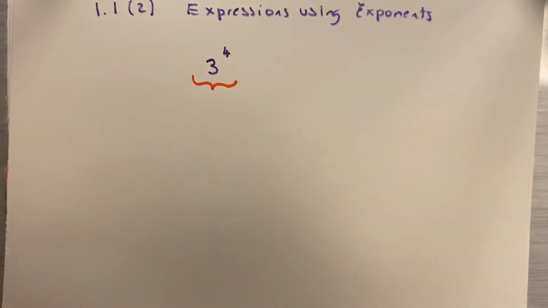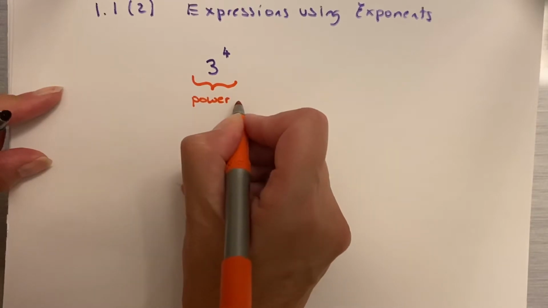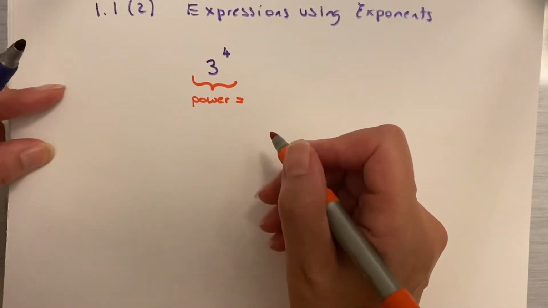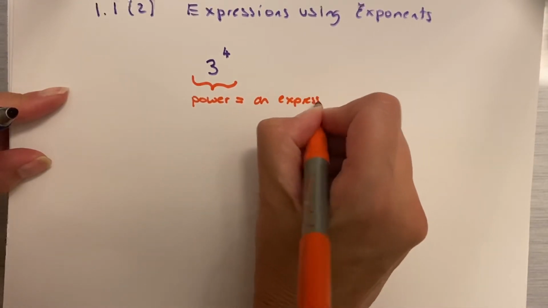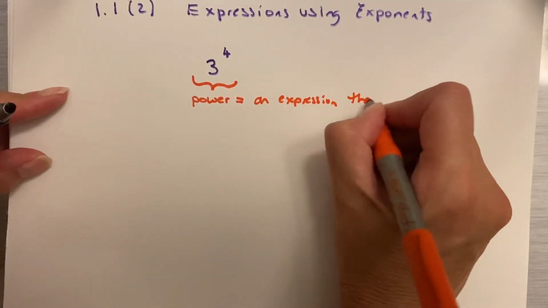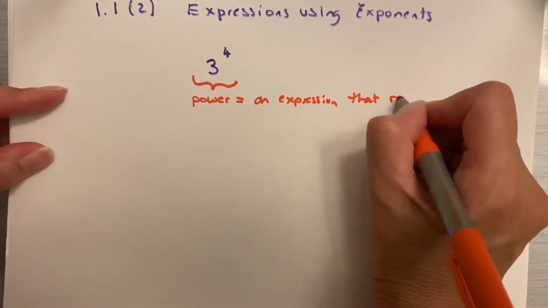3 to the 4th is called a power. And a power is an expression that represents repeated multiplication.